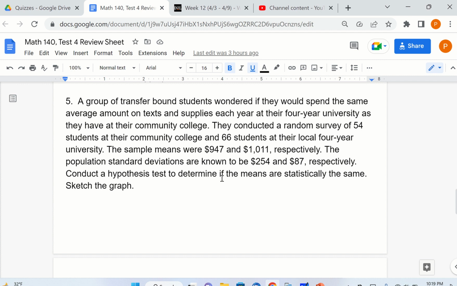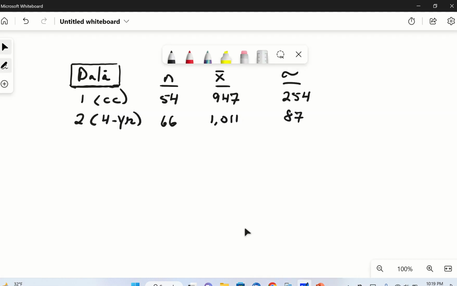The sample means were $947 and $1,011 respectively, and the population standard deviations were $254 and $87 respectively. We need to conduct a hypothesis test to determine if the means are the same or not, and sketch the graph.